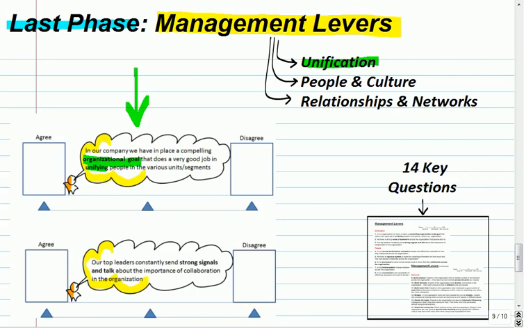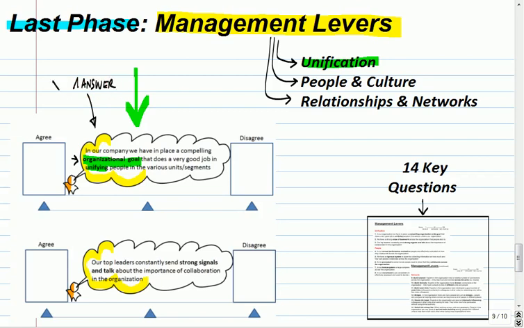So here the test is simply, if you ask 10 people in your organization, what is our compelling organizational goal which unify us? Are you going to have one answer, or are you going to have many different answers?